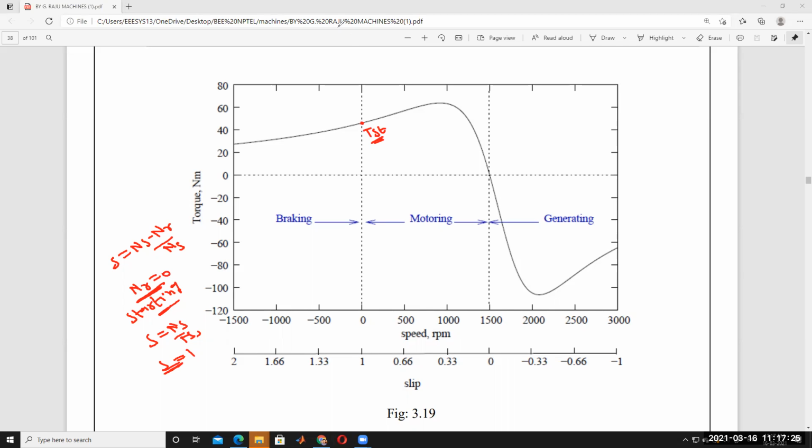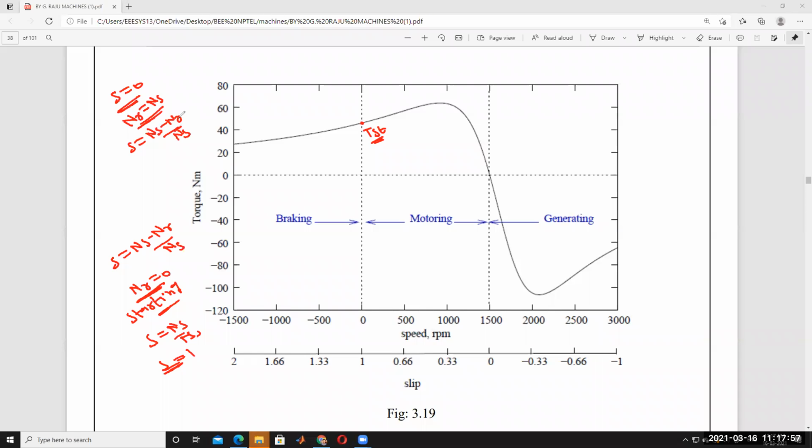And what is the slip here? Slip is 0. Slip 0 means rotor speed is equal to synchronous speed, NR is equal to NS.